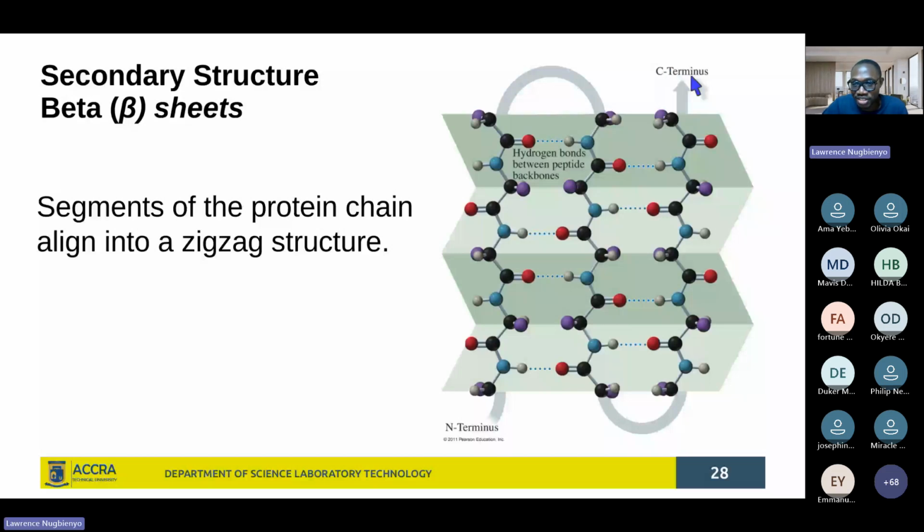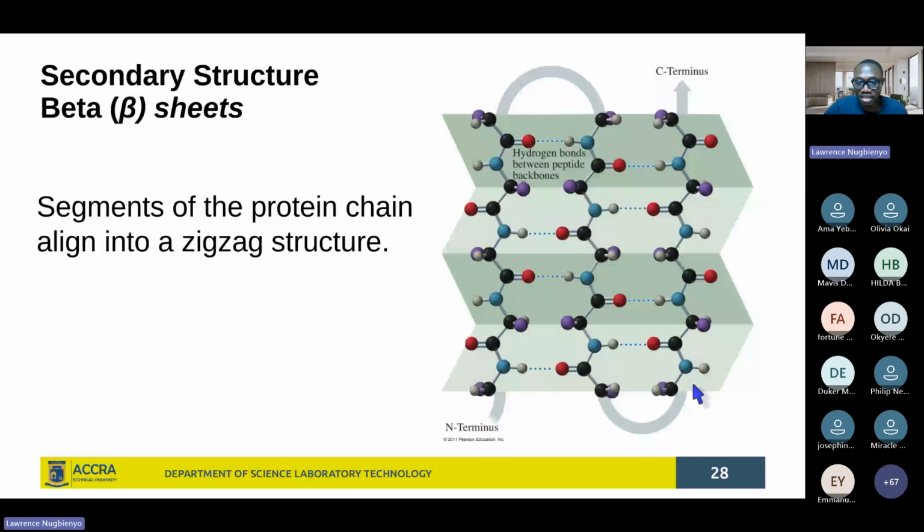Now here too, you see that hydrogen bonds are being formed between the oxygen of the carboxylic acid group and the hydrogen that is on the alpha carbon. You see these hydrogen bonds along the line that way. And this structure actually forms like a zigzag structure.